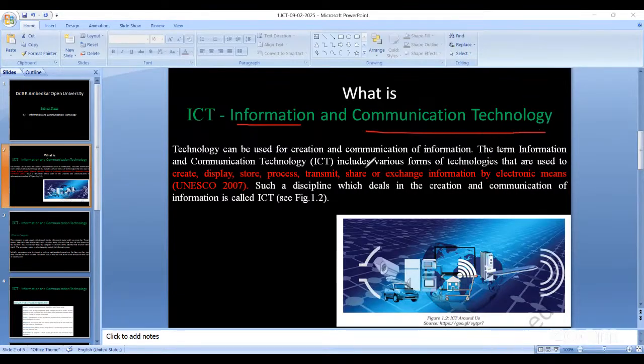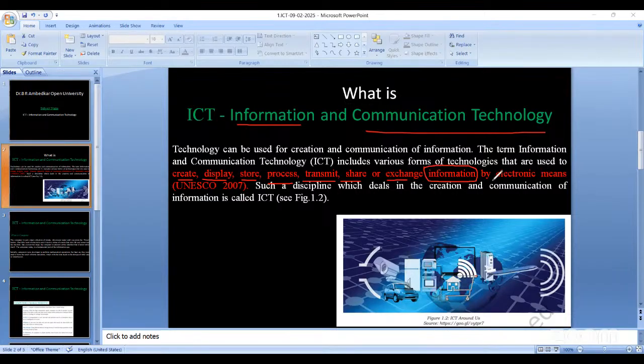It will create, display, store, process, transmit, share, or exchange. It does all these things for information.